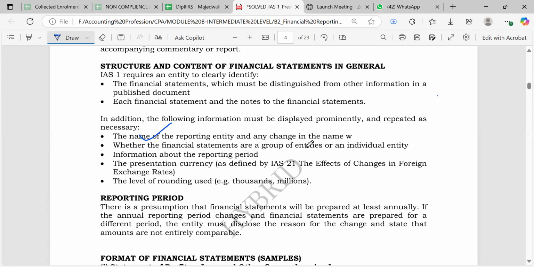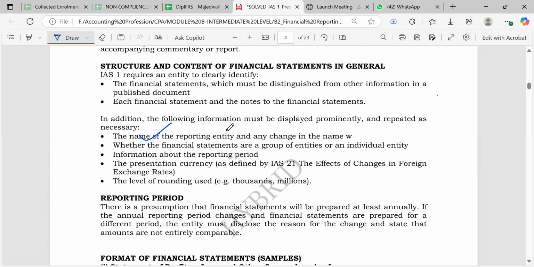If it is a group, you could find, say, ABC Group, or you could find the consolidated financial statements. You must at least find one where they are group or consolidated. For an individual entity, there is no need to specify the word individual. If you just say the entity's name, it means it's an individual financial statement.